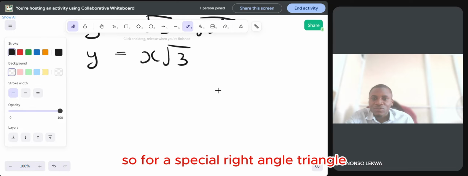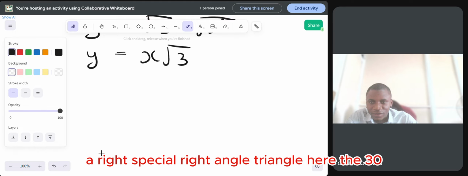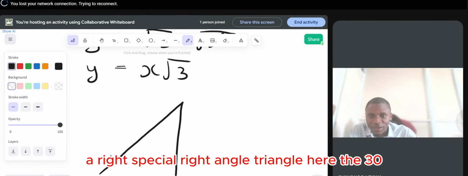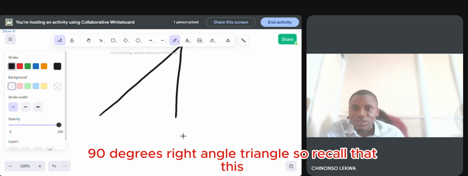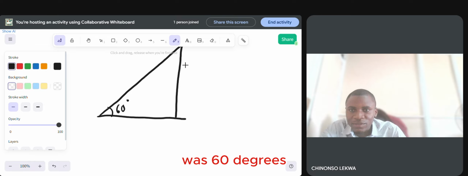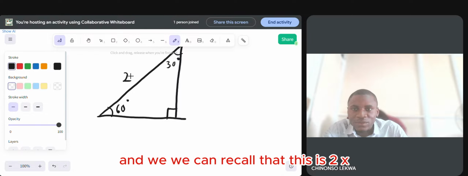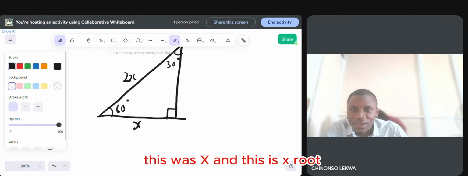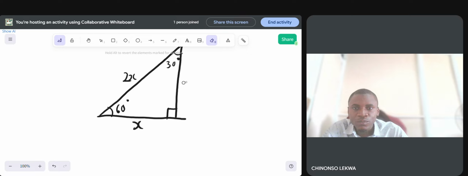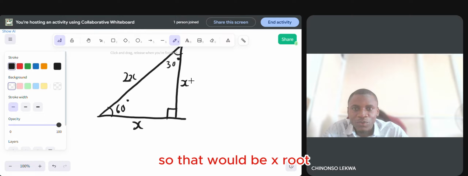So for the special right angle triangle, we will draw our 30, 60, 90 degrees right angle triangle here. Recall that this was 60 degrees, this was 30 degrees, and this is 90, of course. And we can recall that this is 2x, this was x, and this is x root 3.